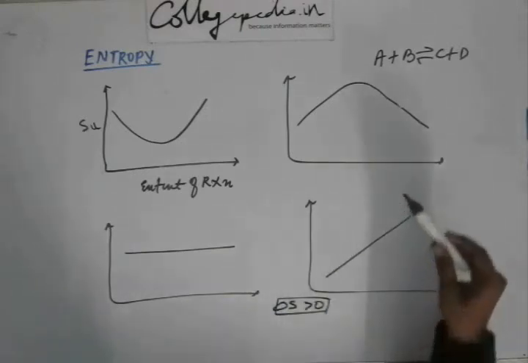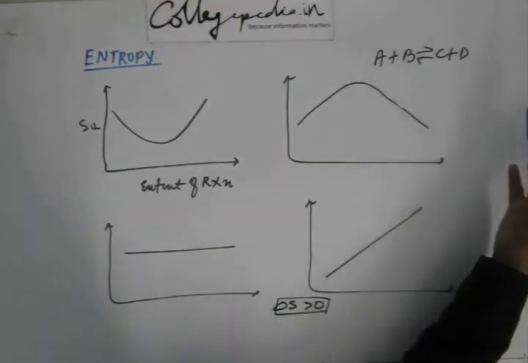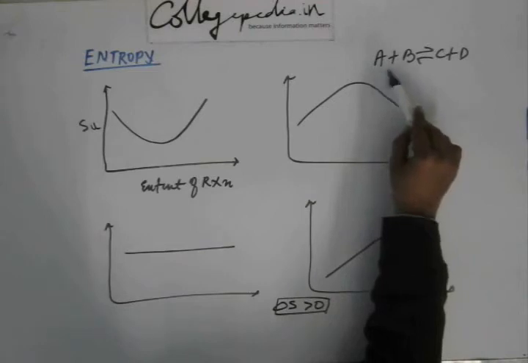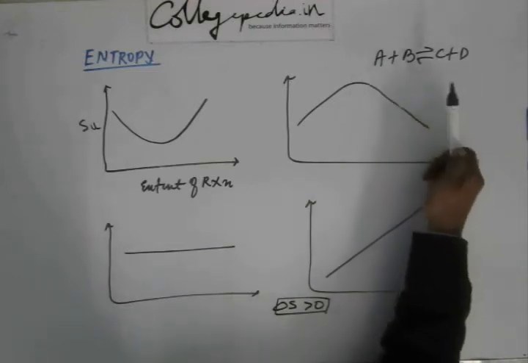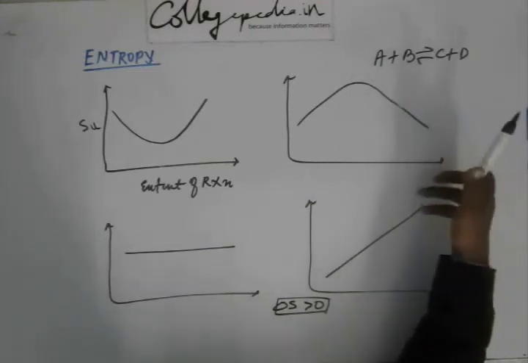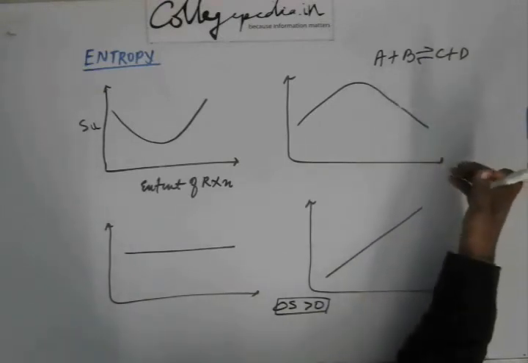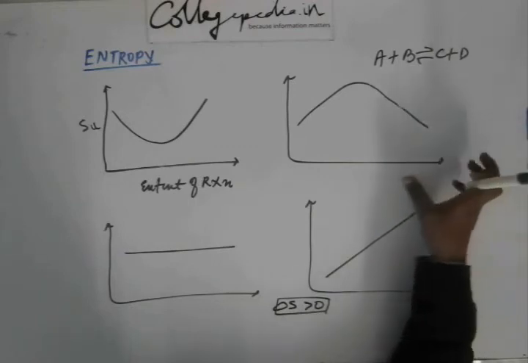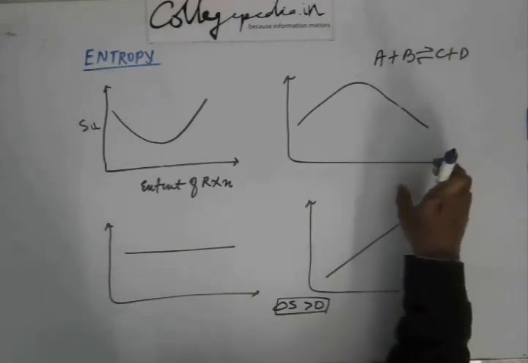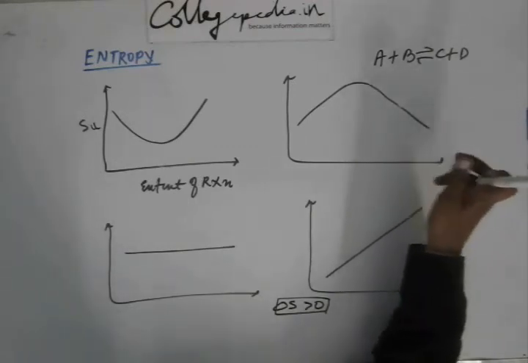Now, if the reaction is not going beyond the state of equilibrium, that means A plus B were 100%, they reacted, became 90%, reacted further, became 80%, reacted further, became 60%, and then the reaction stopped, in the sense that there is a dynamic equilibrium. The reaction didn't stop, I mean the reaction is occurring, but the net change is not there.